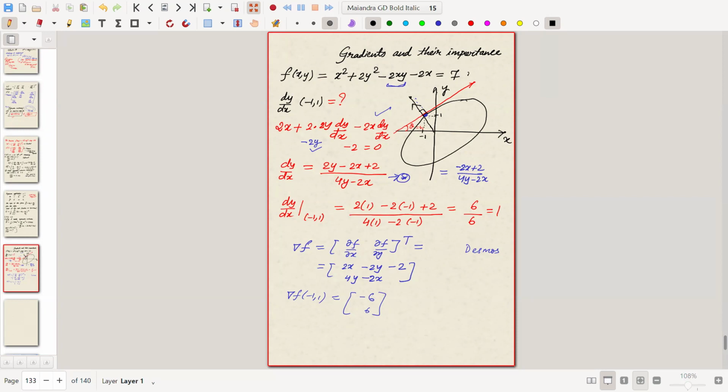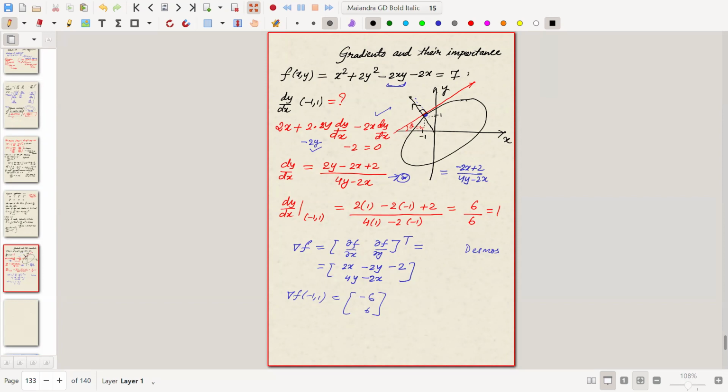If you compute the gradient vector, you will get your normal direction. This is the motivation: the gradient direction is perpendicular to the tangent. This is the gradient and its importance before learning the gradient descent algorithm.